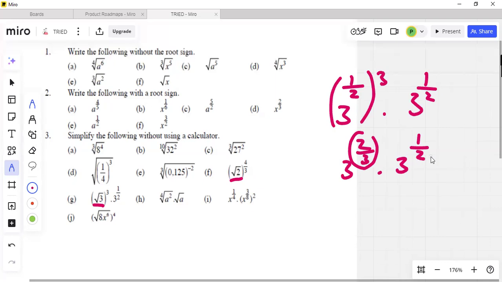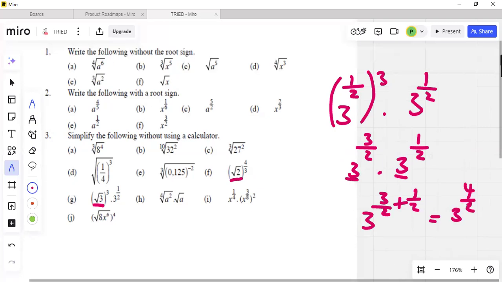Now we are simply adding the exponents directly, bringing back the base: 3 over 2 plus 1 over 2, that's 4 over 2. And 4 over 2 is the same as 2, so that will end up giving us 9. We have simplified it, right?